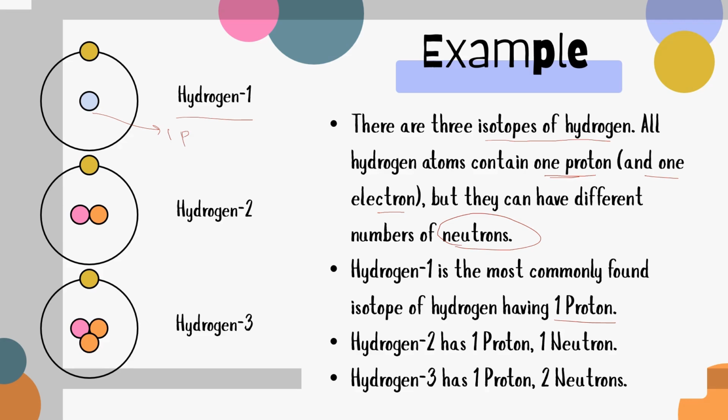Hydrogen 2 has one proton and one neutron. Hydrogen 3 has one proton and two neutrons. The protons and neutrons are found inside the nucleus, whereas the electrons are revolving around the nucleus in energy shells.